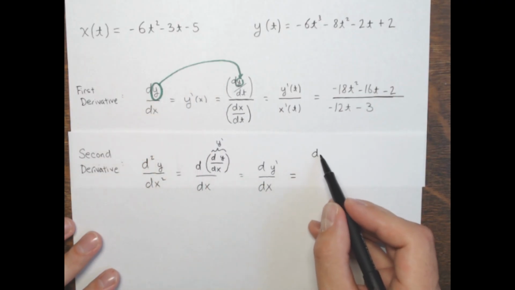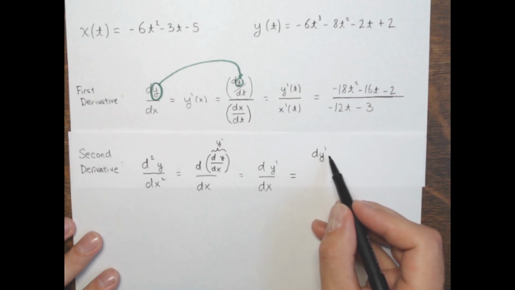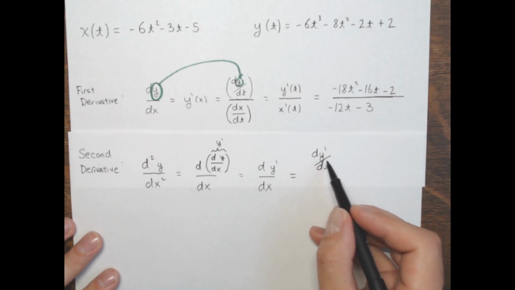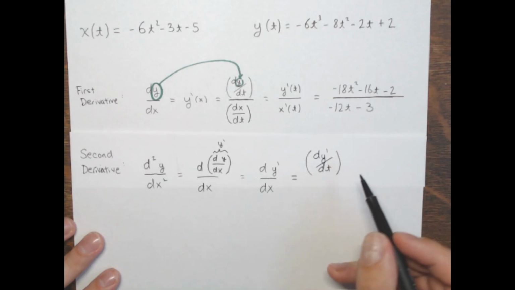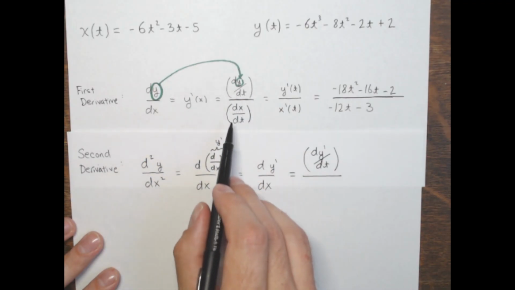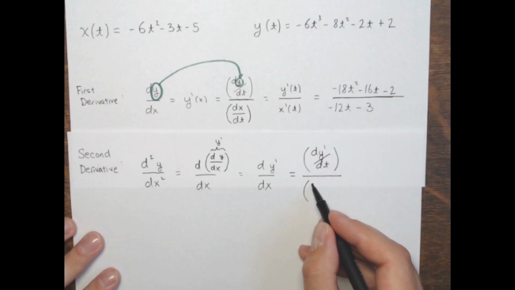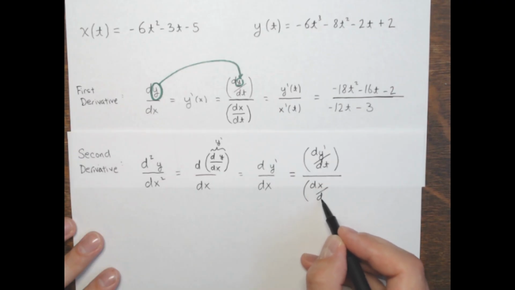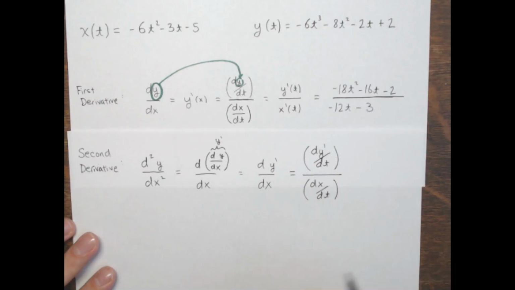So the derivative of y prime with respect to t in the numerator, then divided by, and then once again, I'm just using this form here, the derivative of the independent variable x with respect to t in the denominator. And then we'll simplify this after filling this in.